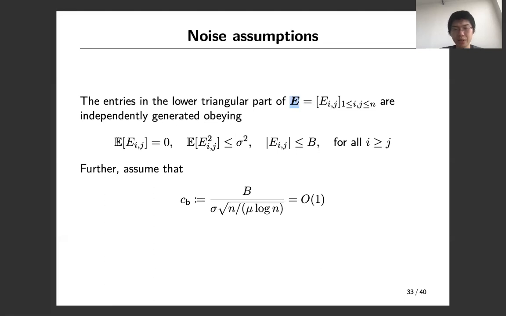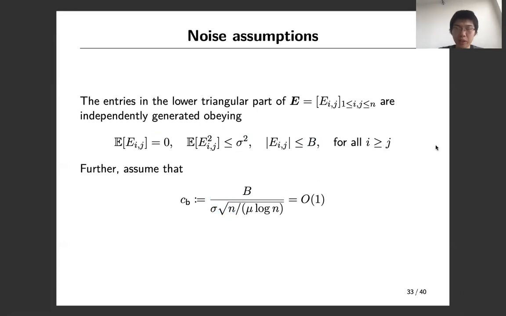First, every entry has mean 0 and has bounded variance. The variance is bounded by sigma squared. In addition, the size of the noise is element-wise bounded by B. Okay. In fact, we allow this range of noise, B, to be much larger than its typical size sigma, in a sense that B could be as large as sigma times square root n, modulo mu and log factors.